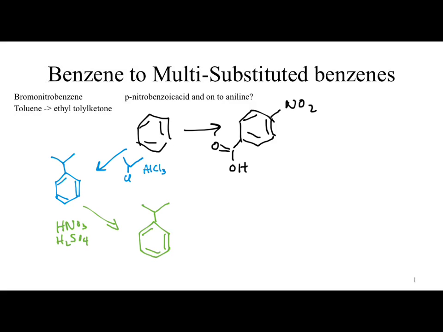To the para position, because atom X in this case is a carbon, an activating group. There's our NO2. And our very last step, we need to add chromic acid. What does that end up doing? That oxidizes our isopropyl group into the carboxylic acid.